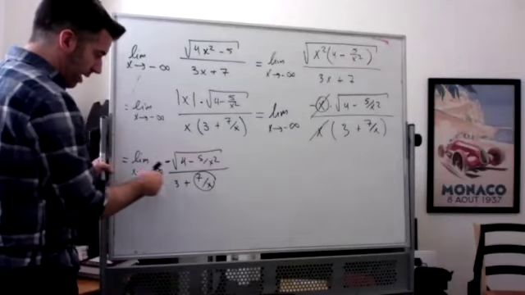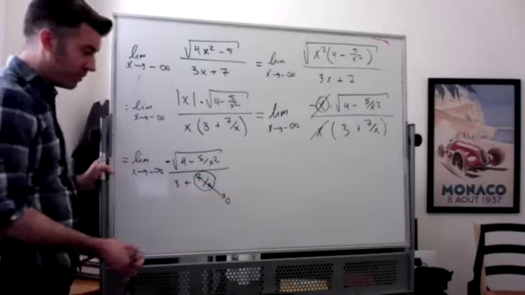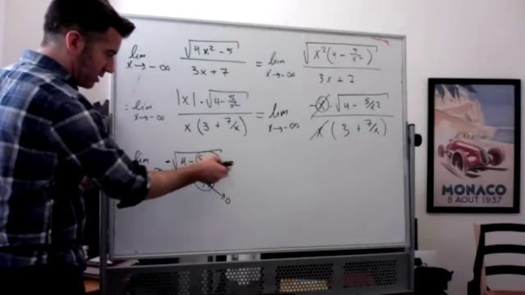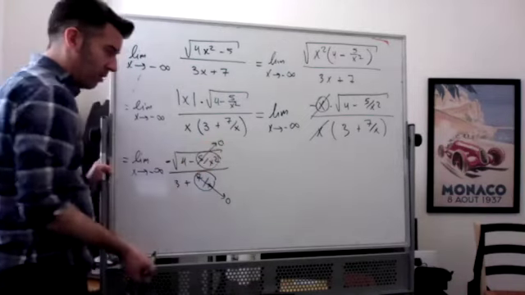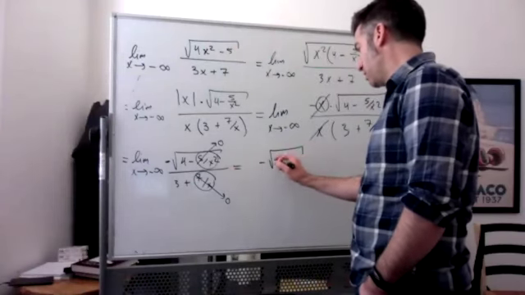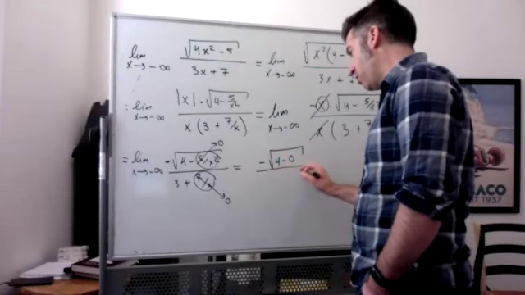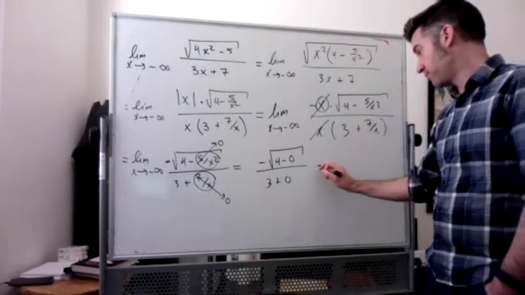So 7 divided by a really, really negatively large number is going to go away. 5 divided by x squared, 5 divided by a really, really large number is going to get really, really small. So we're left with the negative square root of 4 minus 0 over 3 plus 0, which is going to be negative 2/3.